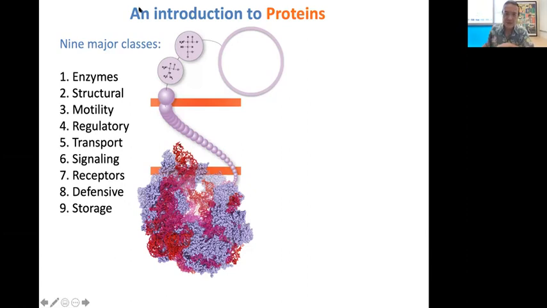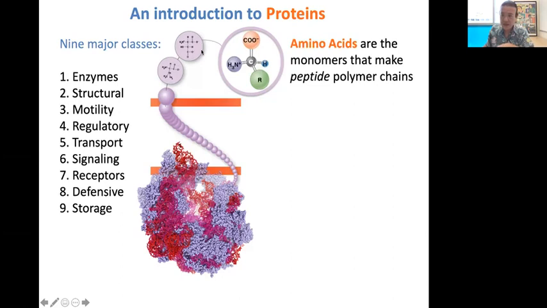And so in this cartoon, you can see, if you were to really zoom in, you'd see each repeating unit is a different amino acid. So amino acids are the monomers that come together to make a protein chain, and that specific chain, before it's properly folded up into the functional protein, we just call it a peptide chain, a peptide polymer chain.